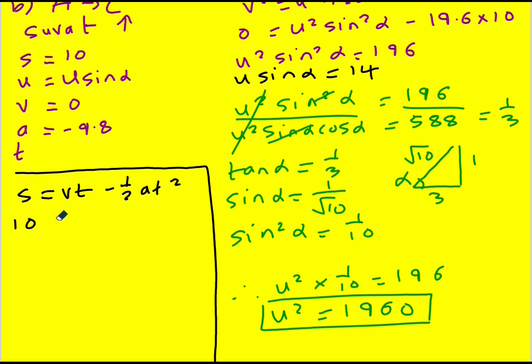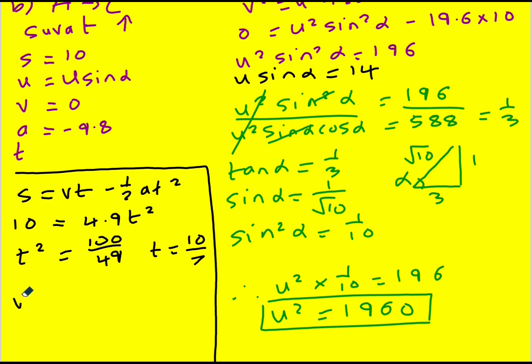That gives me 10 equals vt minus 4.9 t squared. T squared will be 10 divided by 4.9, which is 100 over 49. So then t is 10 over 7. And from that, I could work out u.